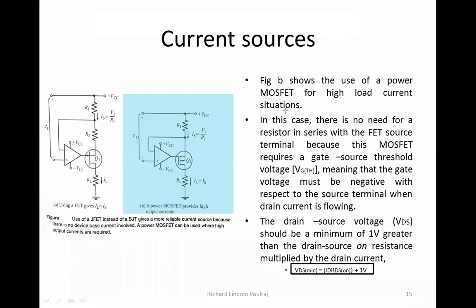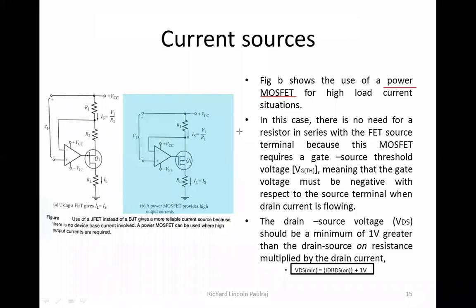There are MOSFETs which work with low power and cannot carry high currents, but there are MOSFETs called power MOSFETs, operated at higher currents and voltages. So we are employing power MOSFETs here, which means we are using higher voltages and currents.